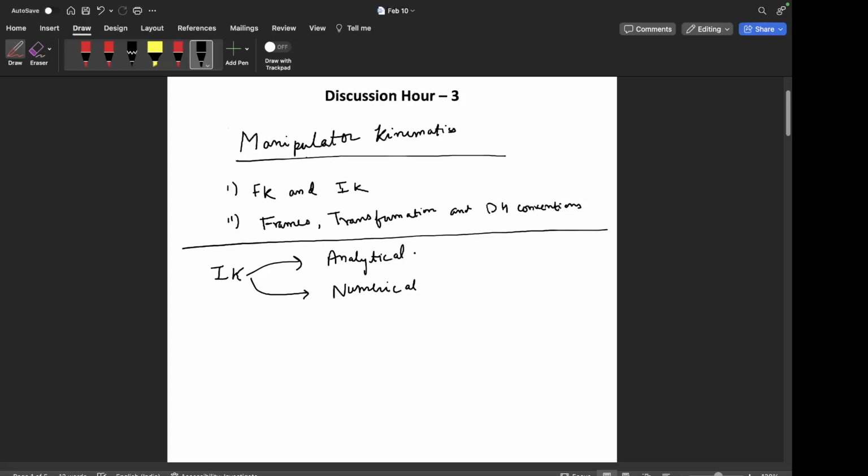Analytical has a closed form expression. Basically, you have well defined expressions for theta 1, theta 2, and so on. In numerical, you solve for the joint angles either iteratively or using matrix inversions.